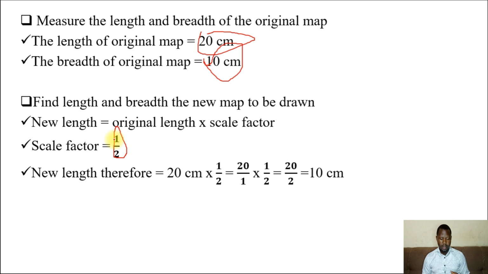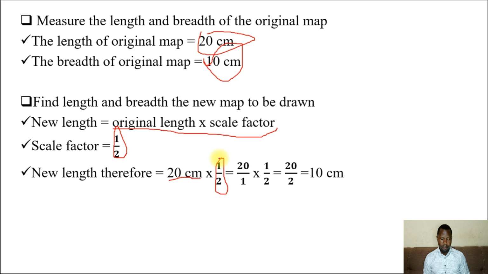So what then is our new length? So we already said in the formula here that our new length is equal to original length times scale factor. So our original length is 20 centimeters times the scale factor, which is 1/2.